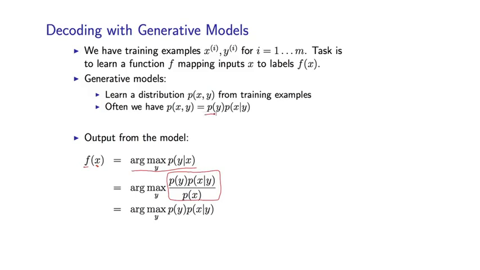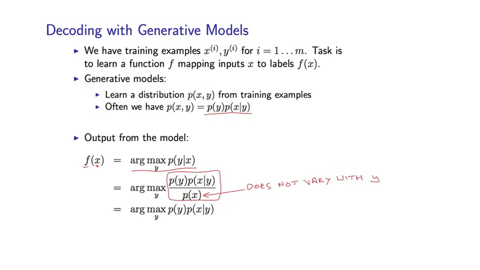I'm assuming here that I have a generative model. And an important characteristic of this equation is that p of x does not vary with y. So this denominator is actually constant with respect to y. Notice we're taking argmax over y. We're searching for the y that maximizes this entire term.